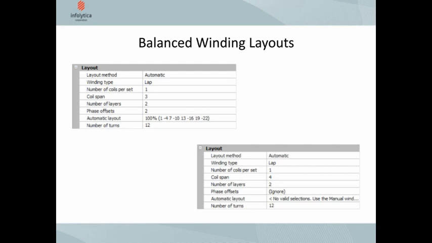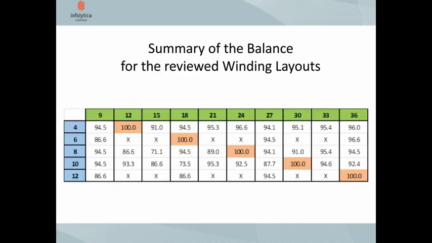I summarized the result of my 50 experiments here in the table. And you can see here that there are several which I've marked with an X, which could not determine a balanced winding. There are several machines which were able to create a balanced winding.